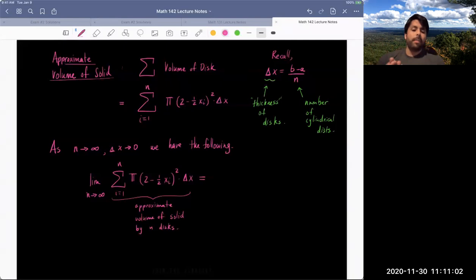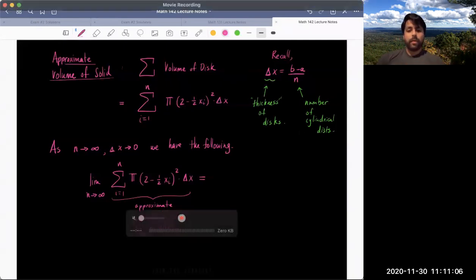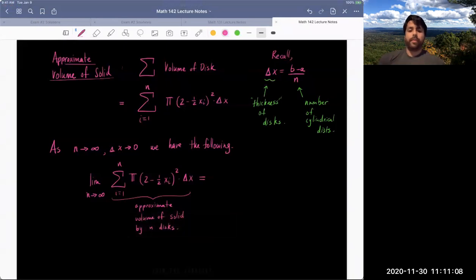So if I have n of them, but I make that n go to infinity, what's the result? Remember, this should remind you of way back when we started with Riemann sums. So if I take the limit of them, what happens? This becomes the famous and all-powerful what?